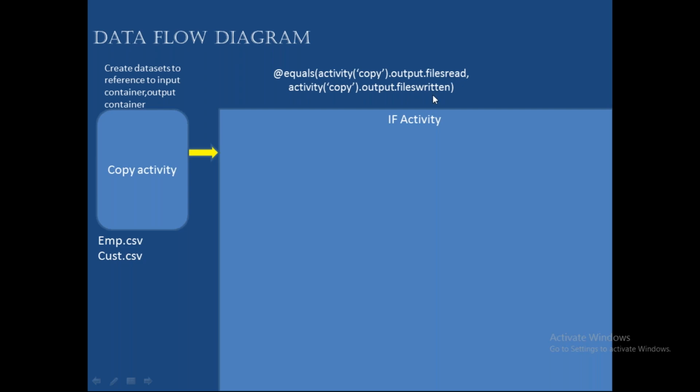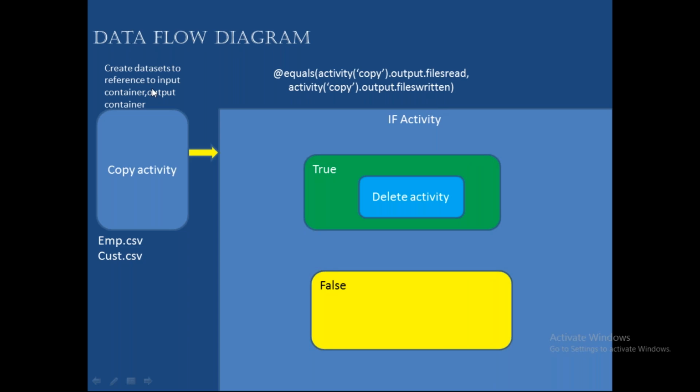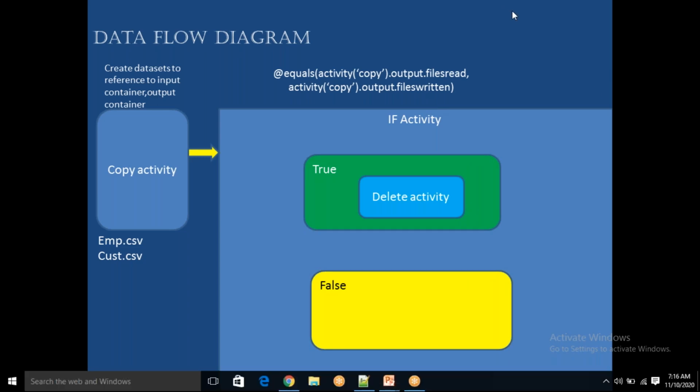Files written means how many files it has written to the output container. So if both are the same, whatever files we have in the input container, the same files we have in the output container, then this condition is true.